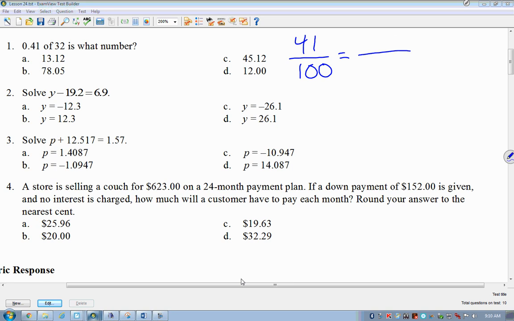Let's try that instead. Okay, so what's 41 times 32? Okay, and now what do we want to do with it? Divide by 100? 13.12. Okay, that is the correct answer.